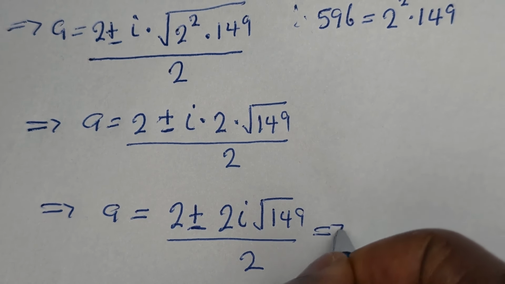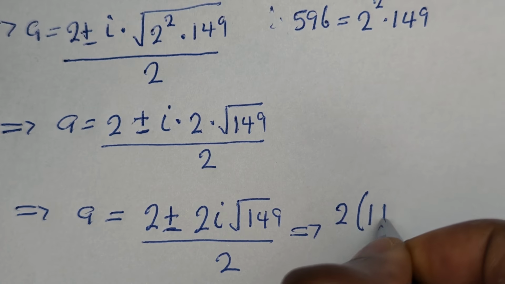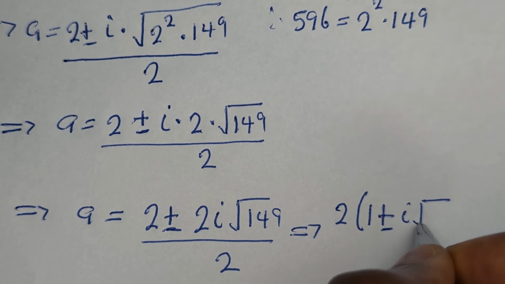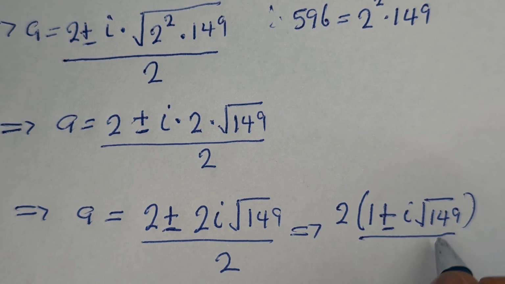And this is the same thing as 2 bracket 1 plus or minus i square root of 149 over 2.